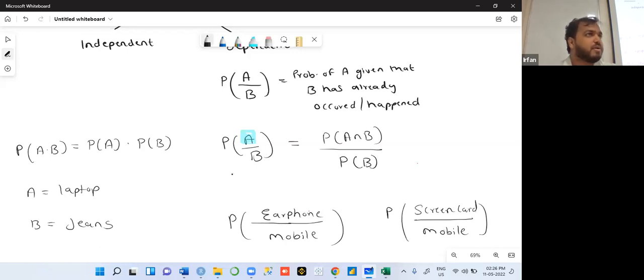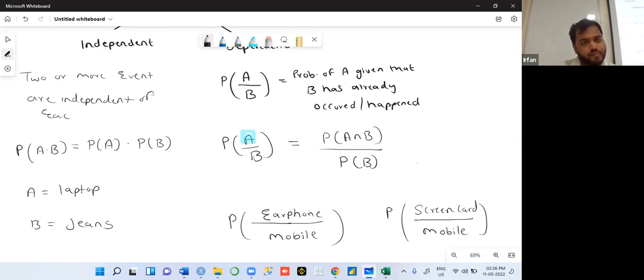Can you say both are independent? Agree. So you're independent. Two or more events are independent of each other. Clear.